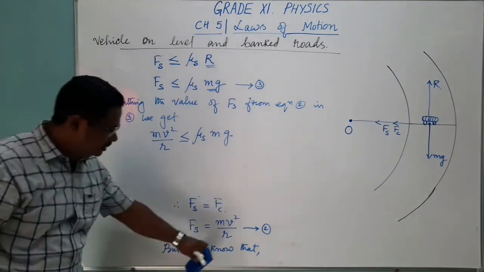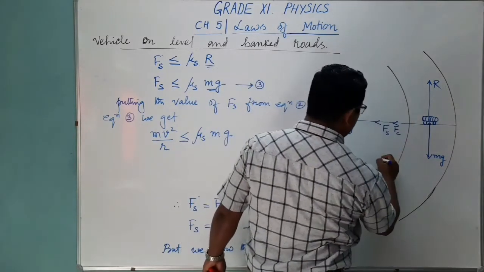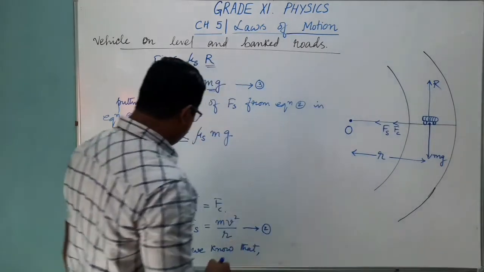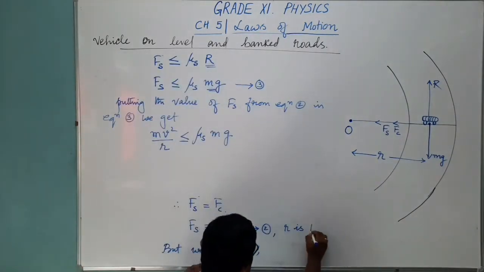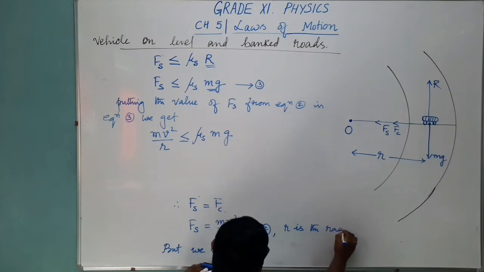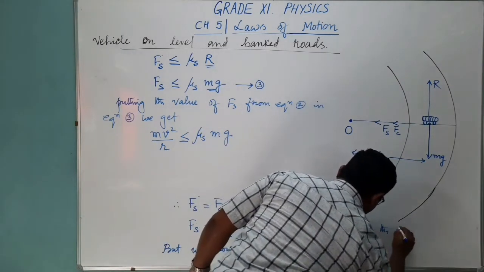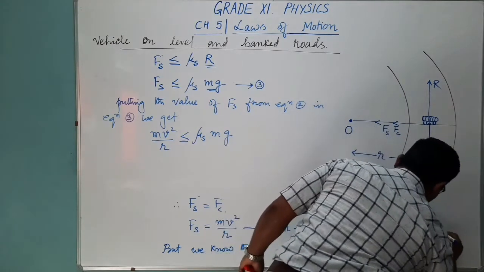Here we will be thinking, what is r? The r is the radius of the circular path.